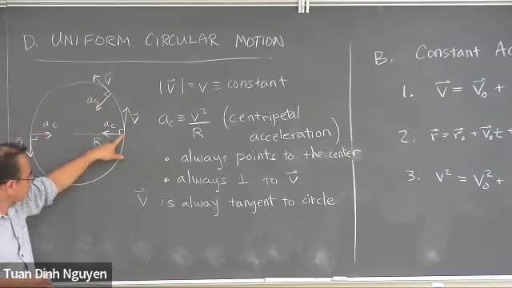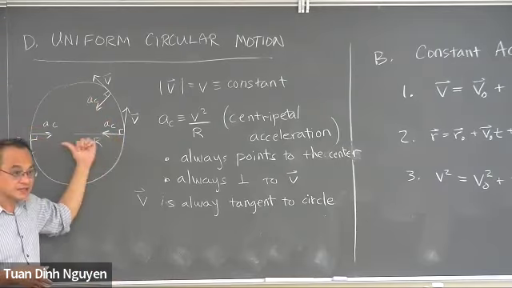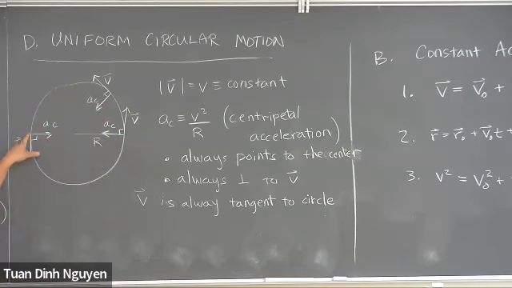So if you're drawing it here, then a_c will be going to the left and it'll be negative. But if you put it over here, then a_c is positive because it's pointing to the right. Okay.